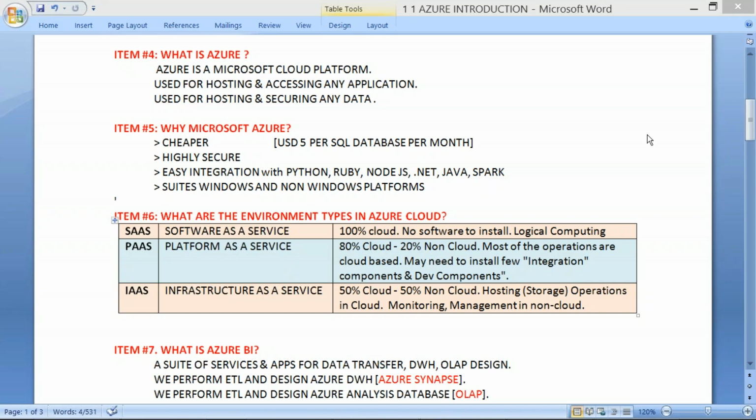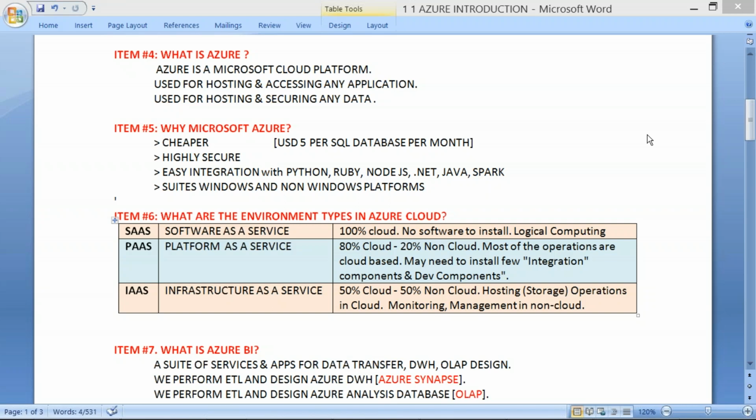Here we go. SaaS, software as a service. Then we have PaaS, platform as a service. And then finally the other one, IaaS, infrastructure as a service.